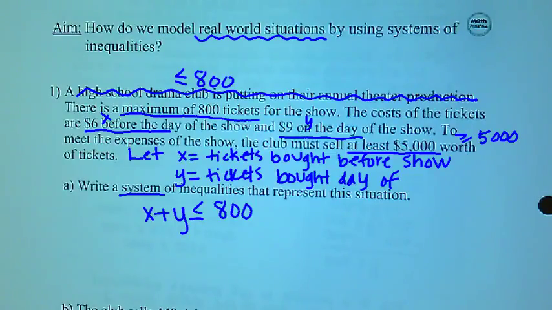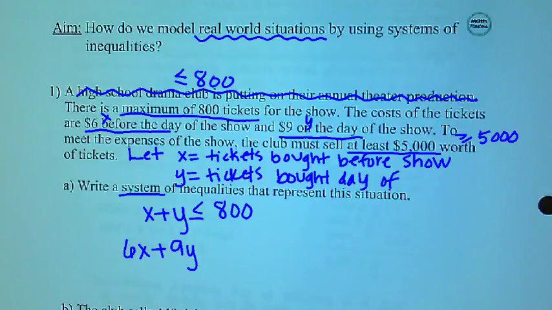And the next part is our profit, right? How much we make. So 6X plus 9Y, okay, those I literally just took from how much a ticket costs, okay? So each ticket, whenever you see that word, or if you can say that word and it makes sense, each ticket costs $6.